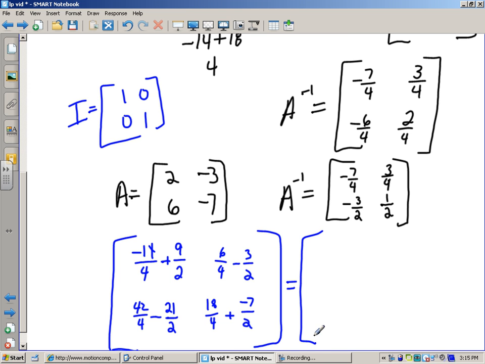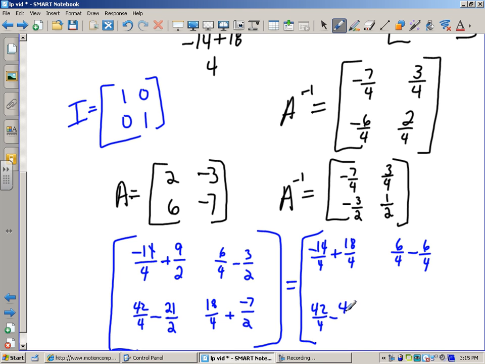So we've got negative 14/4 plus 18/4, and then we've got 6/4 minus 6/4, and then we'll have 42/4 minus 42/4, and then 18/4 minus 14/4.